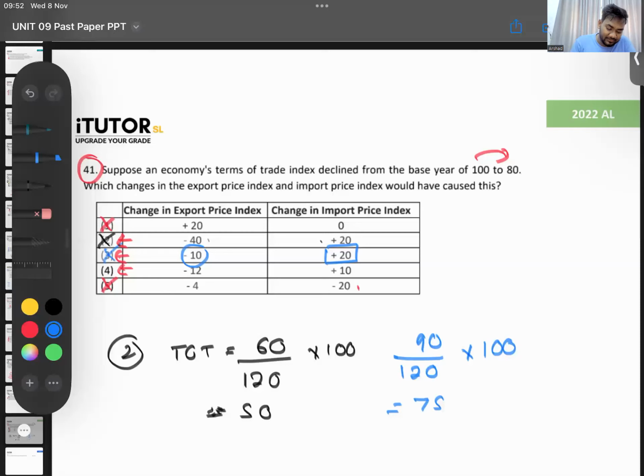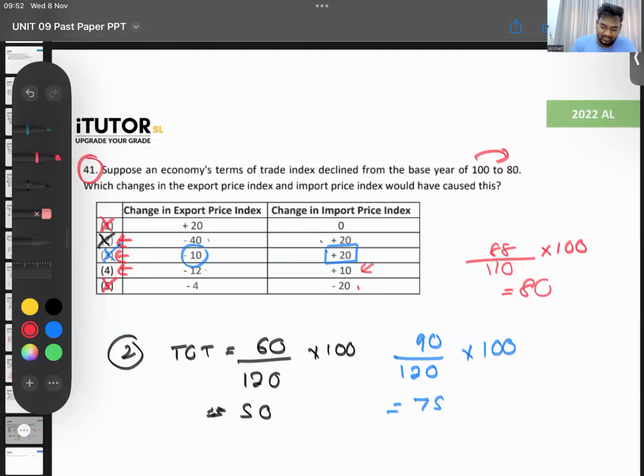Not number 3 also. Number 4. Fallen by 12, so that is 88. Import price index has risen by 10, 110. Do we get the answer here? 88 over 110, so we get 80. Yeah, that can be your answer.